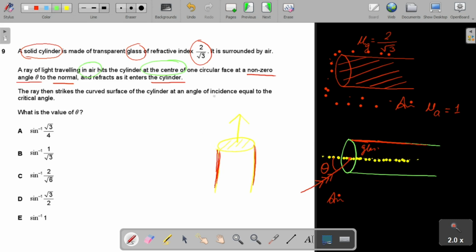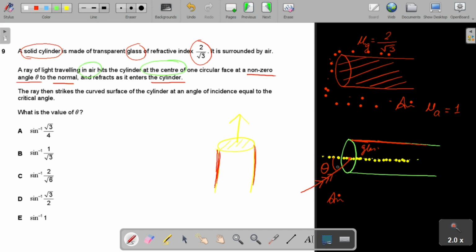To explain this statement, we have to apply the law of refraction. Let us visualize what will happen with this incident ray coming at an angle of theta with the normal, as shown in the figure.